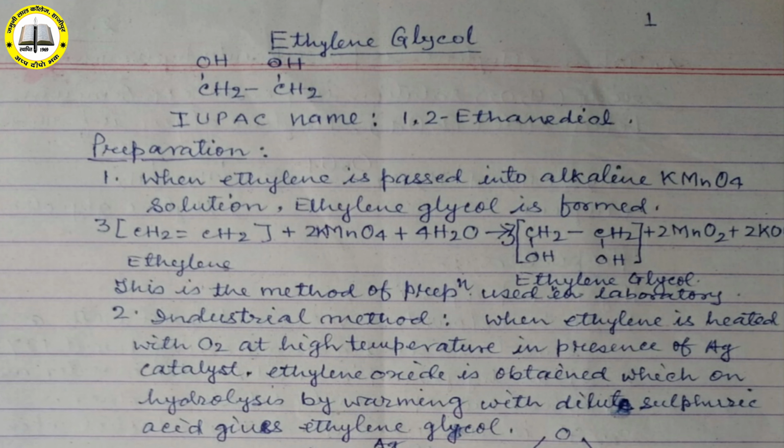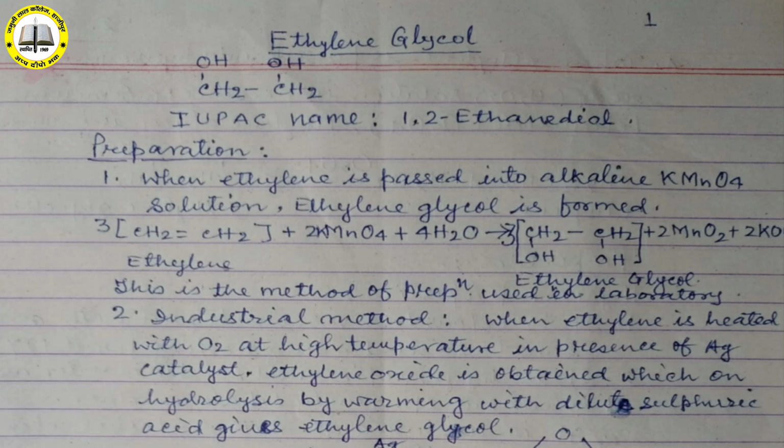Now, ethylene is passed into the alkaline solution of potassium permanganate. Ethylene glycol is obtained.